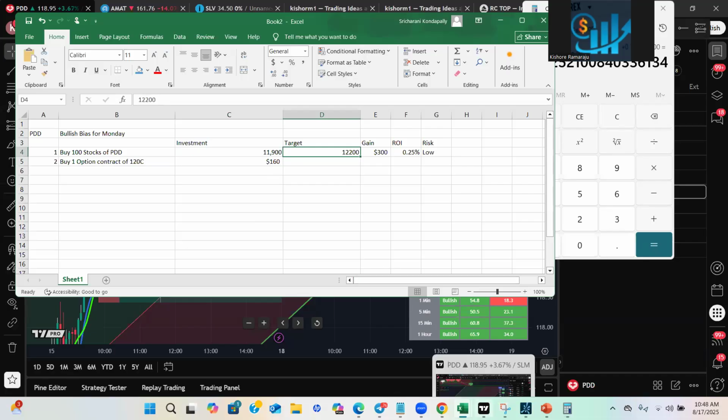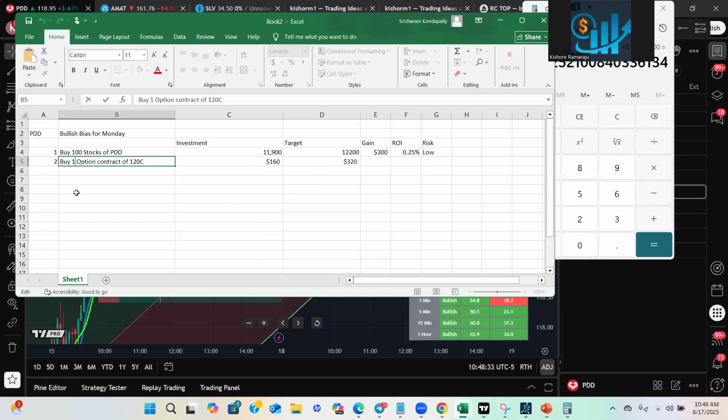So if the stock goes to 122 before 22nd August, it can become nearly $300, 300 to $320. So that means your gain is just with one contract, right? You may buy, let us say 5 option contracts or 10 option contracts.